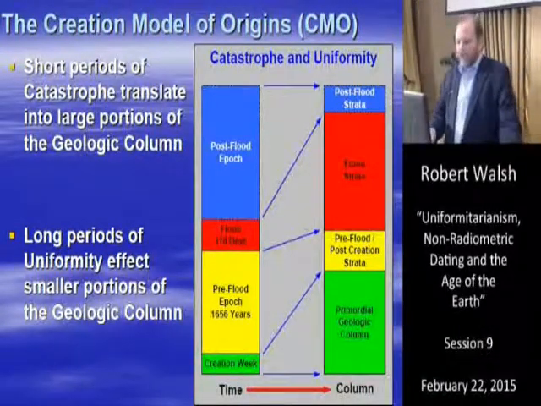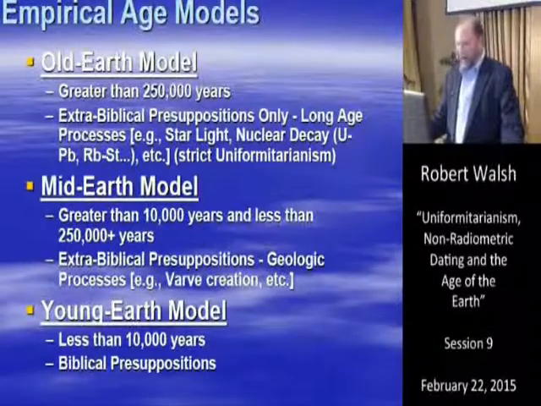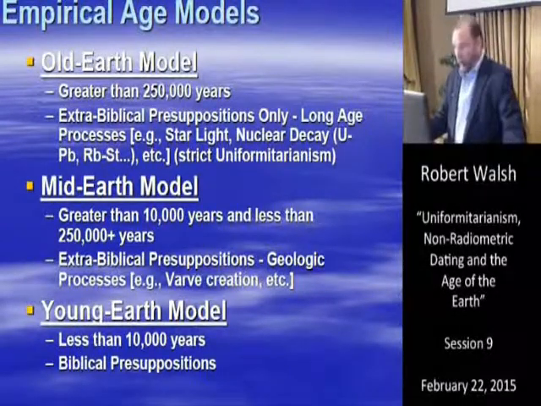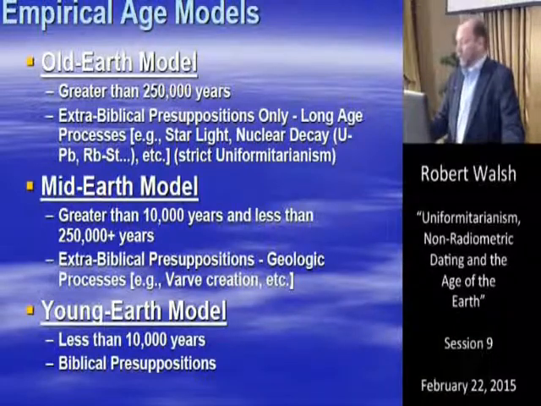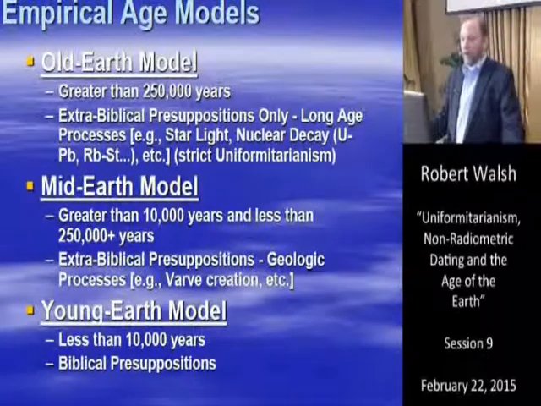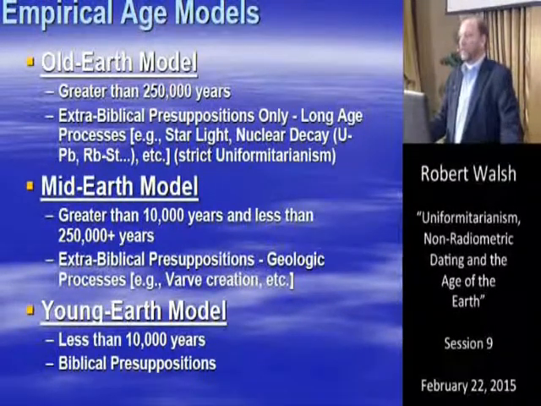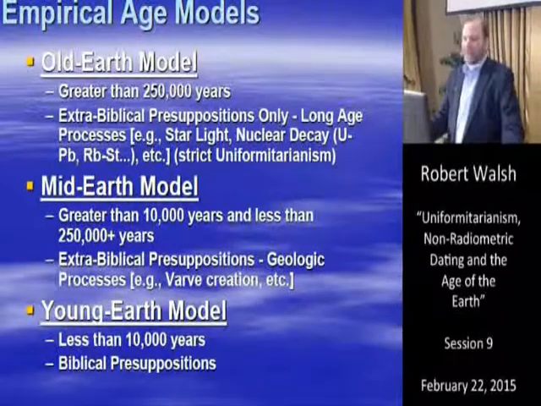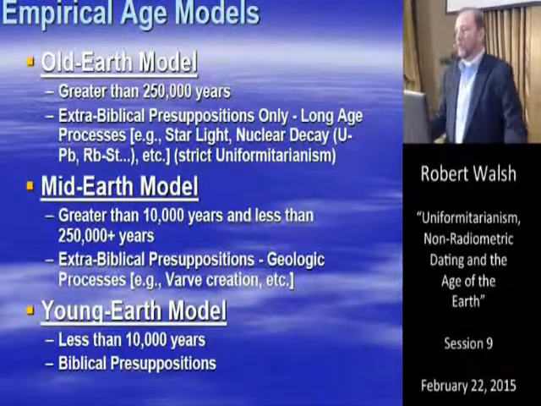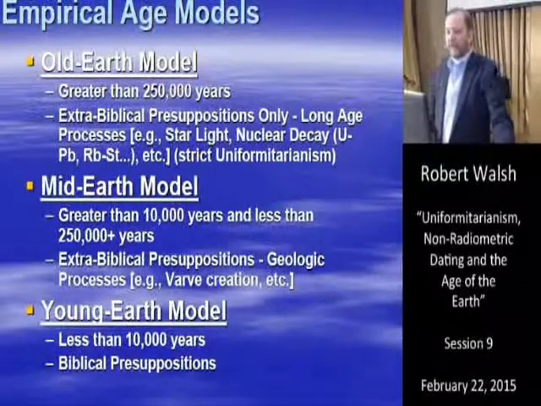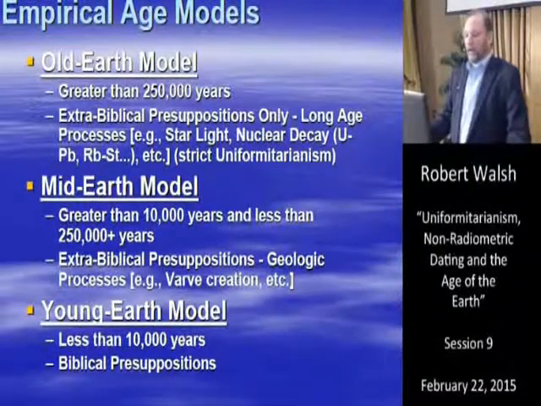Okay. Now, within creationism, there are three models. There's the old Earth model, and those who hold to this would argue that the Earth is more than 250,000 years. And that's kind of a silly statement because most old Earthers hold to the same ages that most evolutionary apologists hold to.